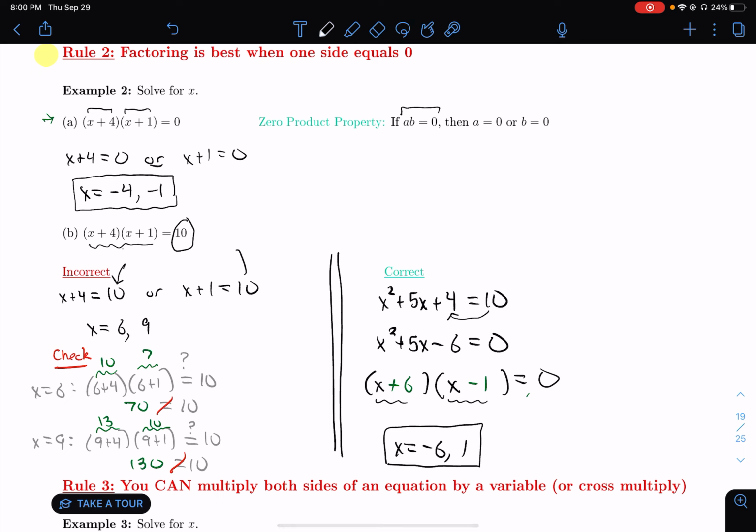But they don't necessarily. One of the two numbers does not have to be 10 for them to multiply to 10. Maybe one of the numbers is 2 and one of them is 5, because those also multiply to 10. So the moral again is that factoring is best when one side equals 0.